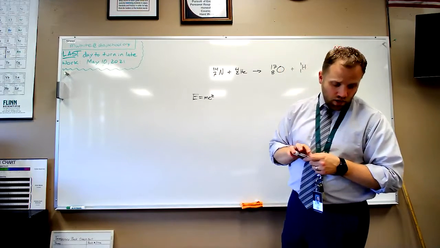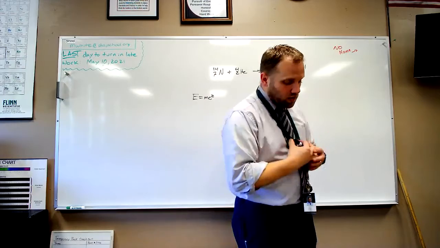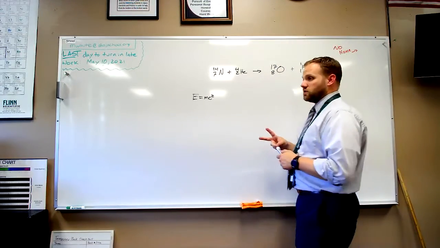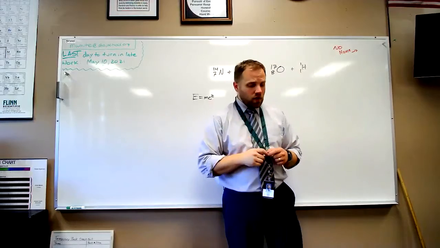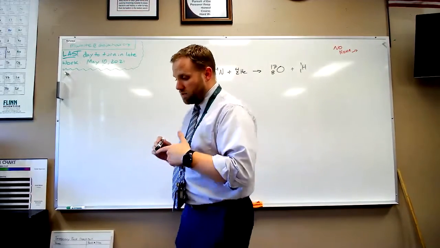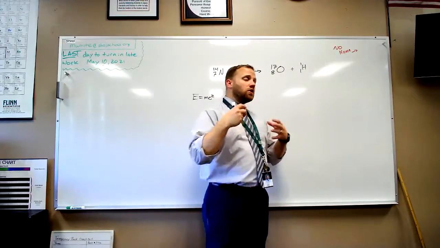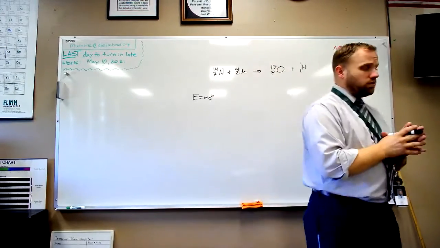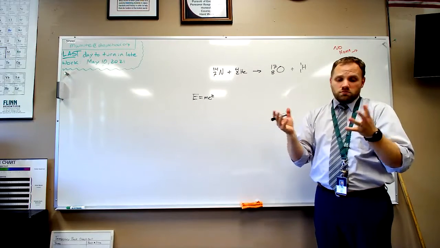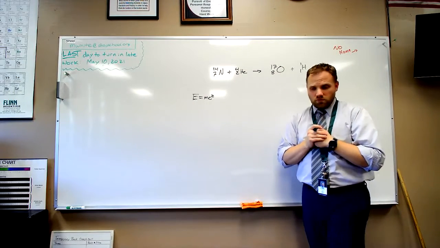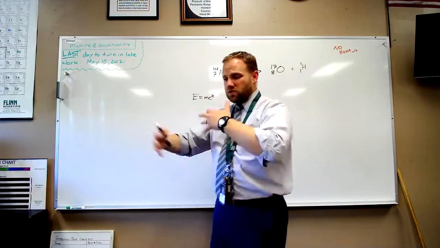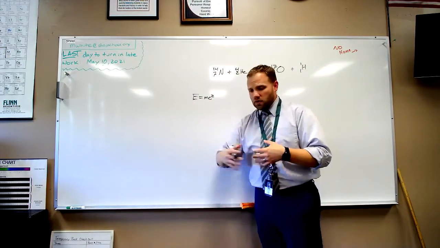All right, now when we talk about nuclear reactions, there are 2 broad categories: fission and fusion. Now, fission happens with large atoms. If you have a large atom that is unstable, it's going to break apart. If it's just radioactive decay, then that's just controlled emission.